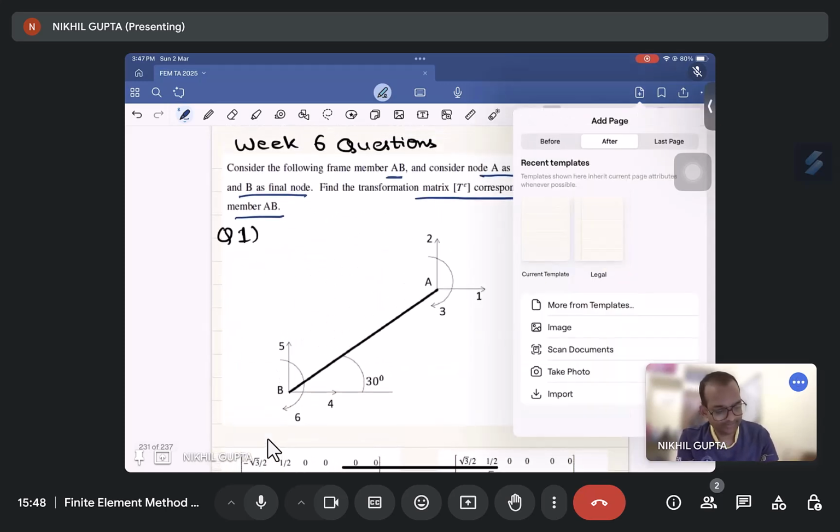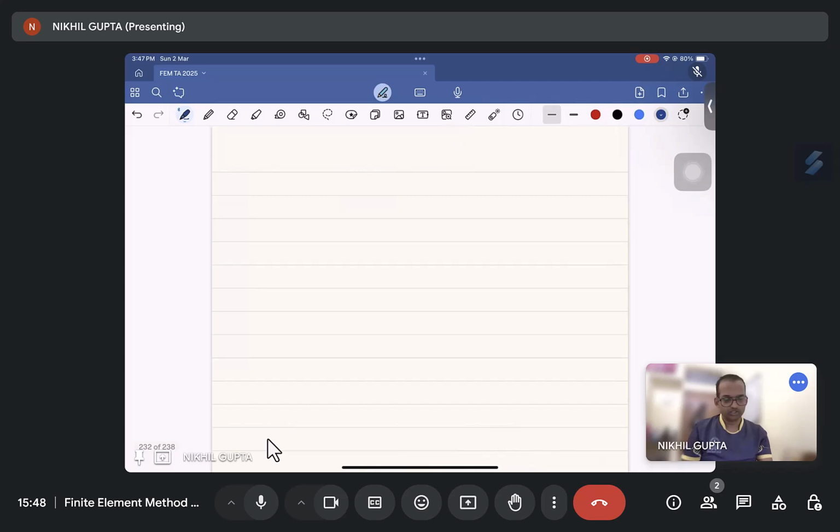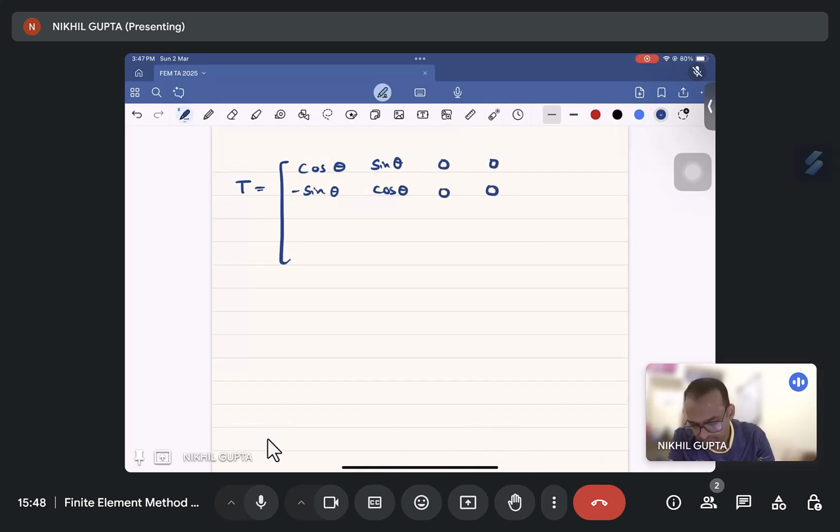Let's solve it. Whenever we write a transformation matrix, we write it like this: cos theta, sin theta, minus sin theta, cos theta, with zeros elsewhere, and it's a 4 cross 4.